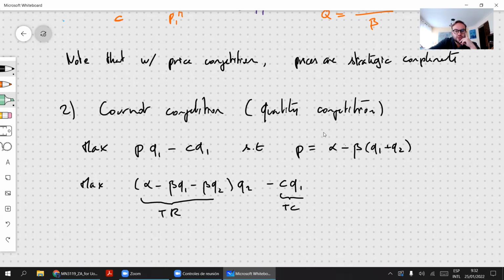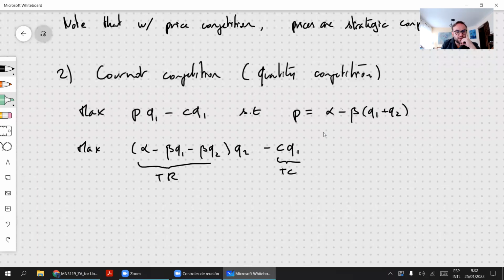This is total costs. And if I derive this, so I'm going to take the derivative with respect to Q1, the first order condition to get a maximum is going to be alpha minus 2 beta Q1 minus beta Q2 minus C, and this needs to be equal to 0.